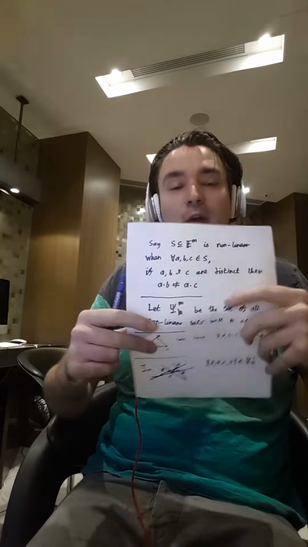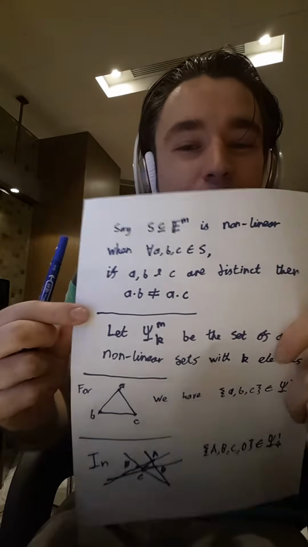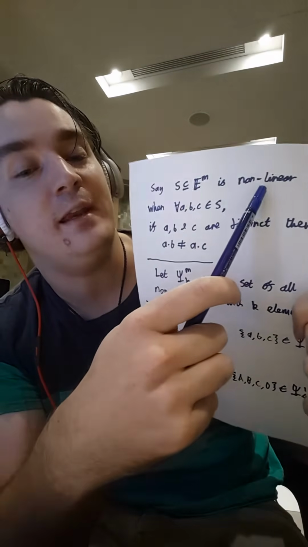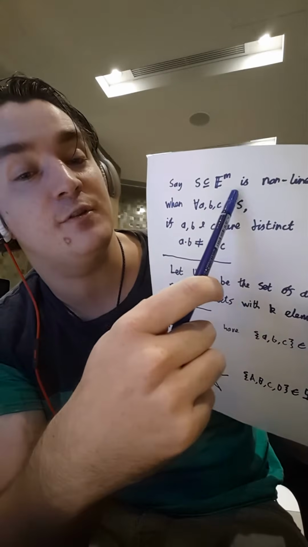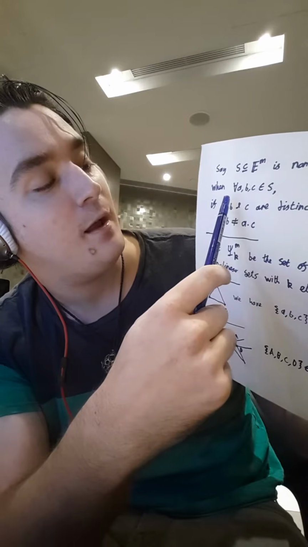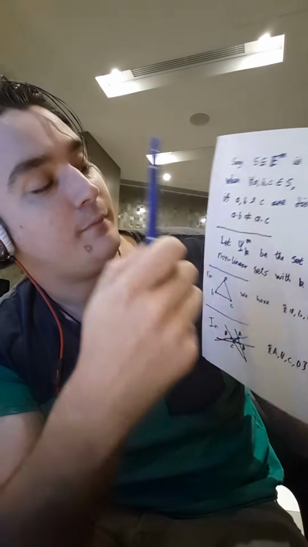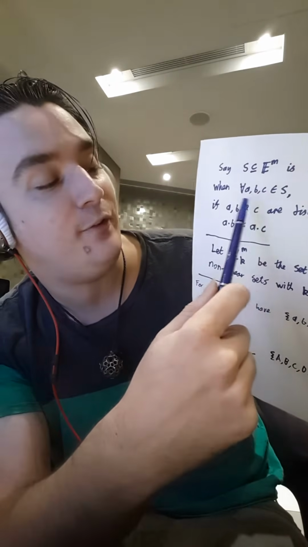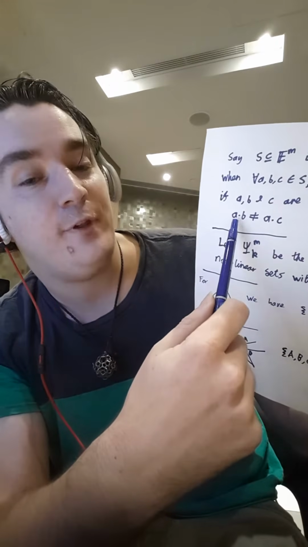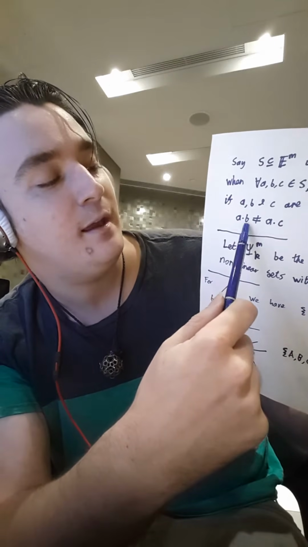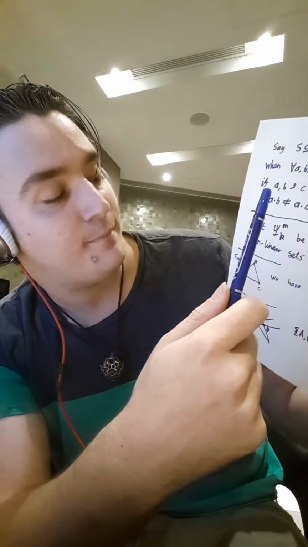I say I've done it, I'm sure other people must have thought of this as well. So I call a set nonlinear, a set of elements of the same type, when for every three distinct elements A, B and C in that set, we have A dot B does not equal A dot C.